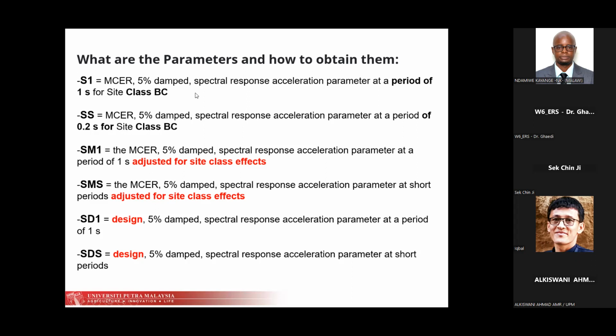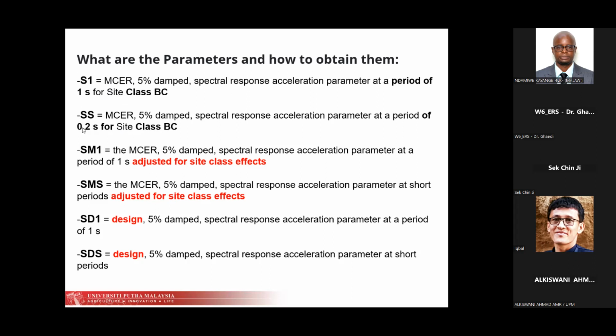To begin with, we should concentrate on many things related to these parameters for the maximum considered earthquake. I will describe more about this, but let's also see what we have. The difference between SS and S1 is that one is for a period of 1 second and one for a period of 0.2 seconds.